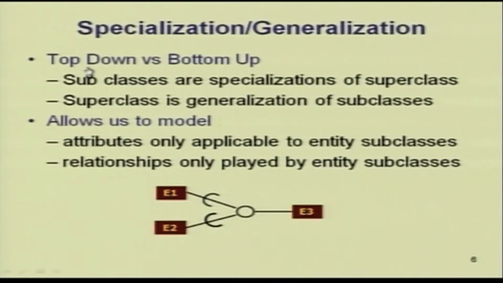So, you can look at this as top down or bottom up. Subclasses are specializations of superclasses and superclasses are generalizations of subclasses. So, what does it allow us to model? Let us look at that. Attributes only applicable to entity subclasses we can model, and relationships that are applicable only to entity subclasses we can model.